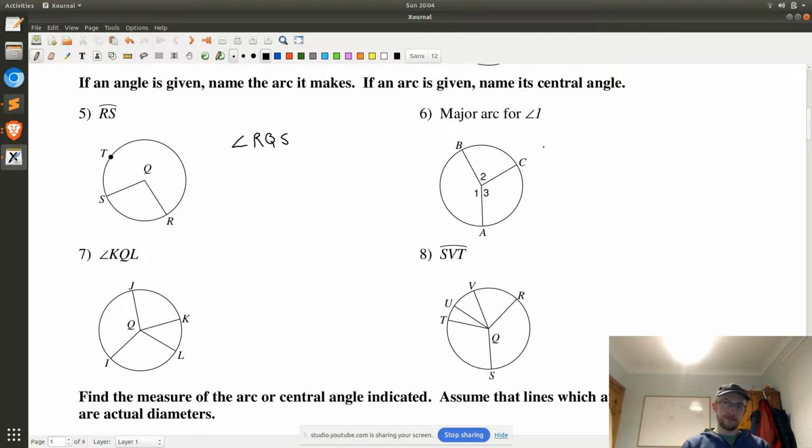Well, now, major arc for angle 1? Wouldn't that be the other side of it, though? I'm unsure. I'll call it BA, going clockwise. But we'll see.